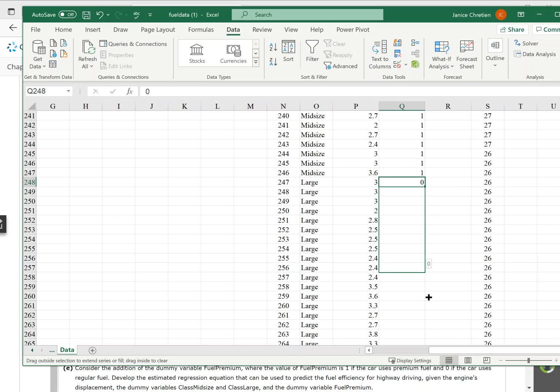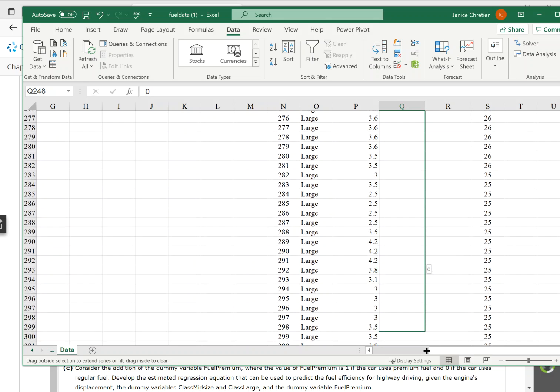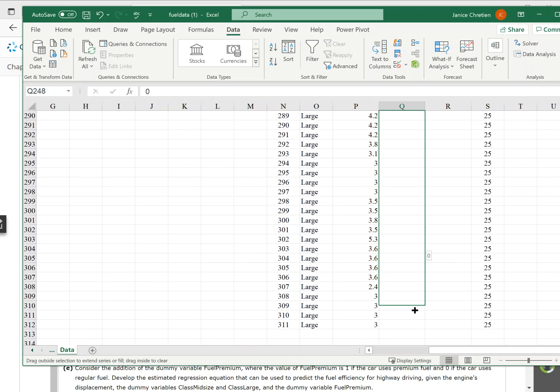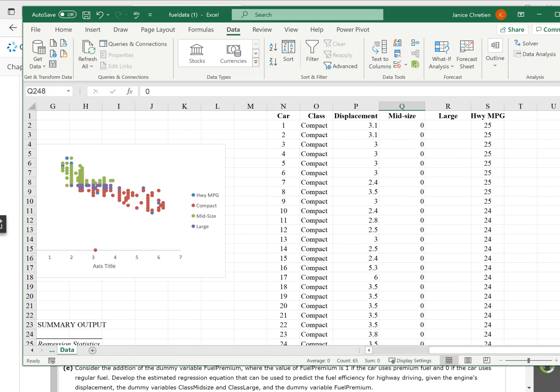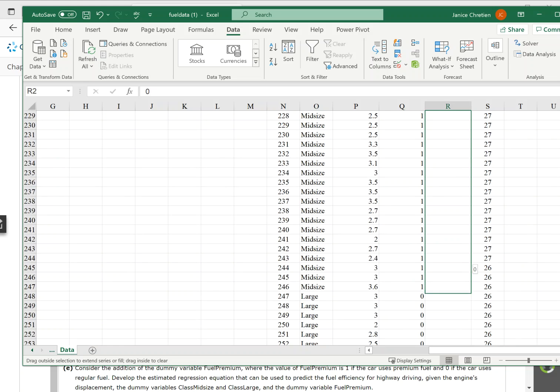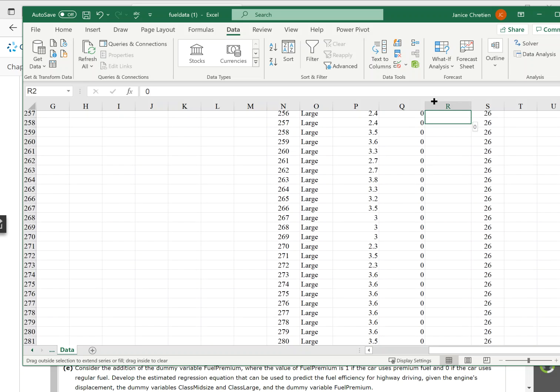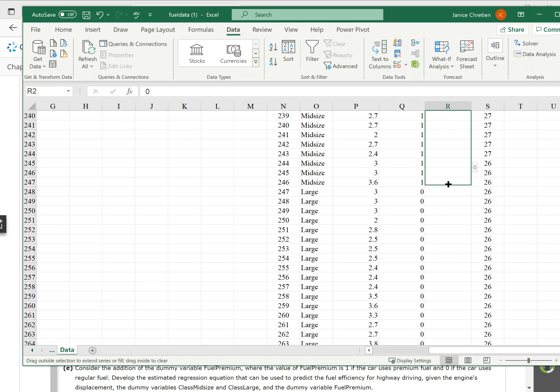And then I do the same thing for a large. So if it's a large, I give it a value of 1, otherwise I give it a value of 0. So going back up to the top, my compact and my mid-size are 0, and my large is a 1.